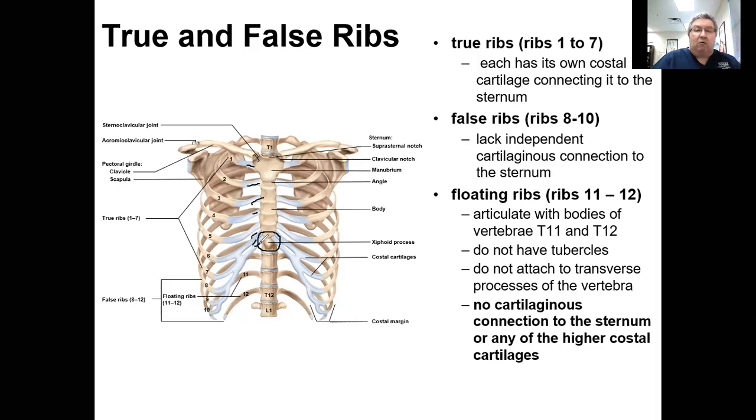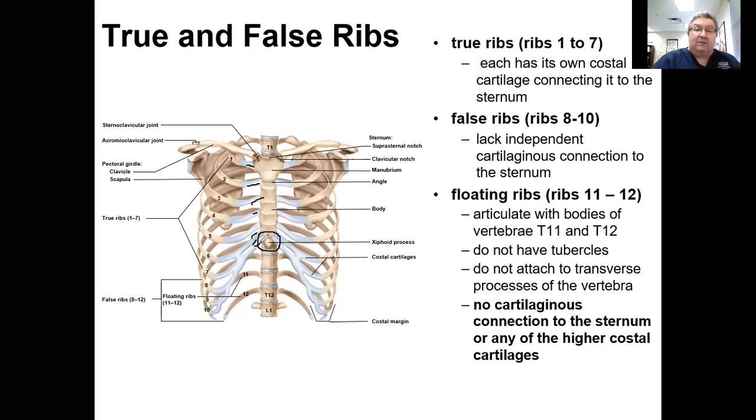And finally, there are 2 floating ribs. The floating ribs do not attach to the sternum. They only have an attachment to T11 and T12, thoracic vertebra 11 and thoracic vertebra 12. So again, true ribs 1 through 7 have independent connections to the sternum.